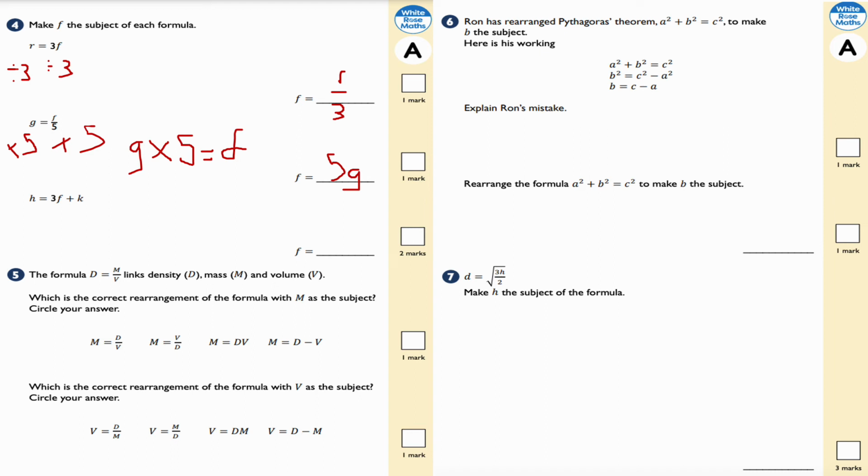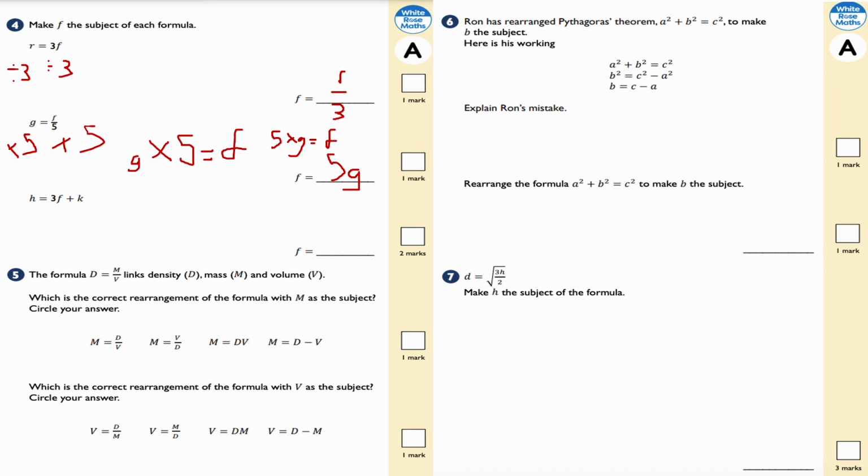I can't see 5 times g being an issue either, because they all mean the same thing here. You've got to be very careful and mindful. That's g there.